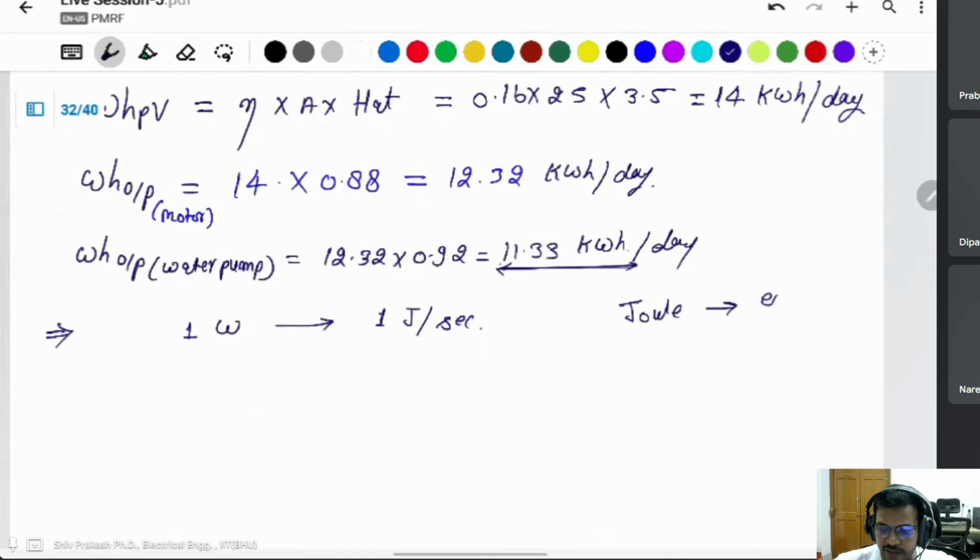Joule is an energy unit. Energy divided by time is power. Same thing, joule divided by second, and 1 watt is equal to 1 joule per second. Because joule is an energy unit, but divided by time, energy divided by time is power. Both are power units.